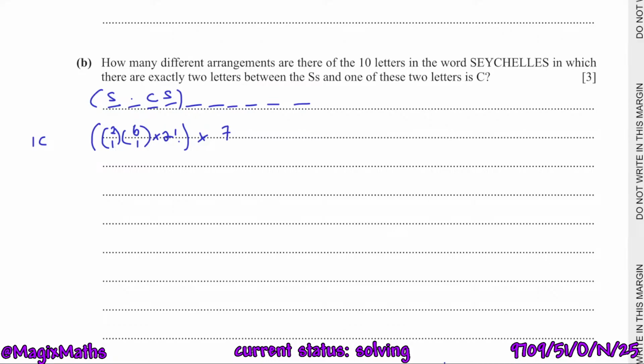So it's 7 divided by repeated letters, which include 3 E's. That gives us 20160.